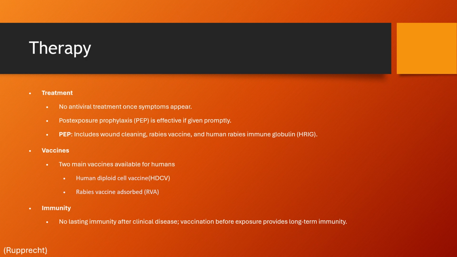PEP consists of a thorough wound cleaning, administration of the rabies vaccine, and administration of human rabies immune globulin, also known as HRIG. Two vaccines that are licensed for use in the US are the human diploid cell vaccine, known as the HDCV vaccine, and rabies vaccine adsorbed, known as the RVA vaccine.